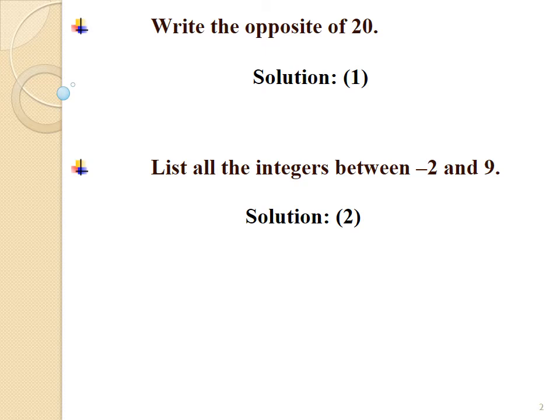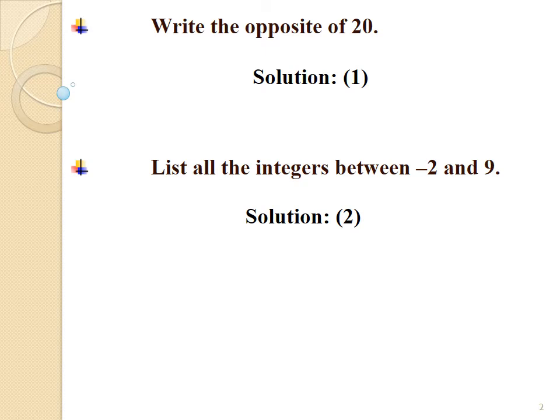Subtracting an integer from another integer is the same as adding the additive inverse of the integer being subtracted to the other integer. So now, let us solve the given questions.